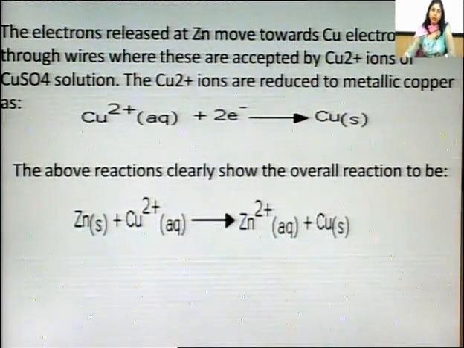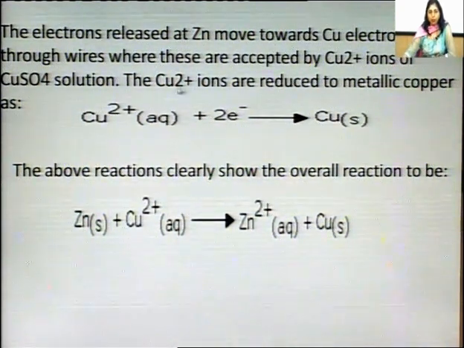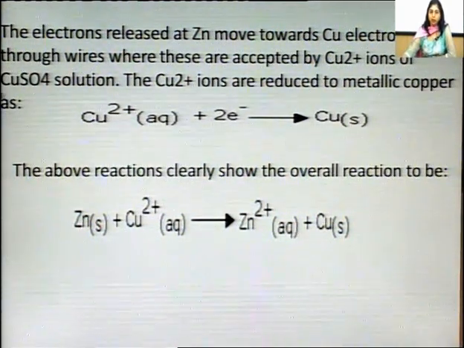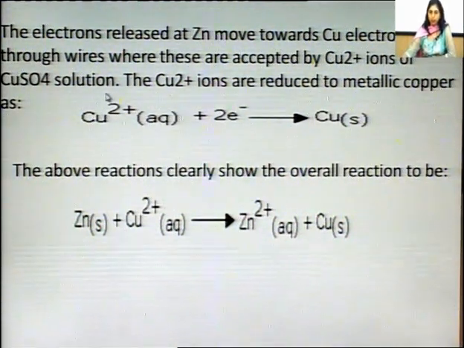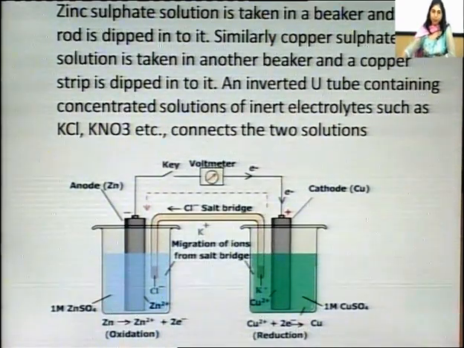The electrons released at zinc move towards the copper electrode through wires, where they are accepted by copper ions of the copper sulfate solution. Let me clear this point through a diagram.